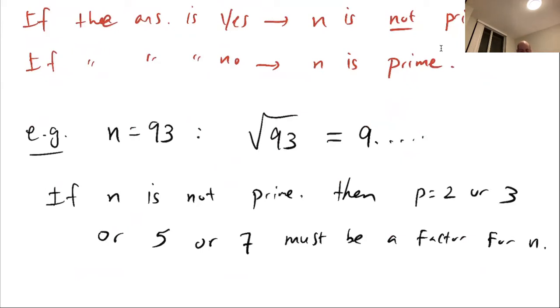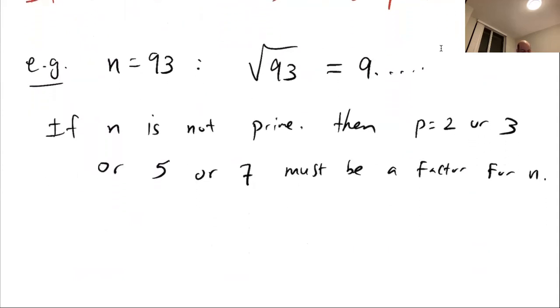But do they? Well, this is now very easy to check. So instead of checking 92 numbers, whether they are a factor of 93 or no, I just need to check 4 numbers: 2, 3, 5, and 7. If none of these 4 numbers is a factor of n, then that's it, and that means n is prime.